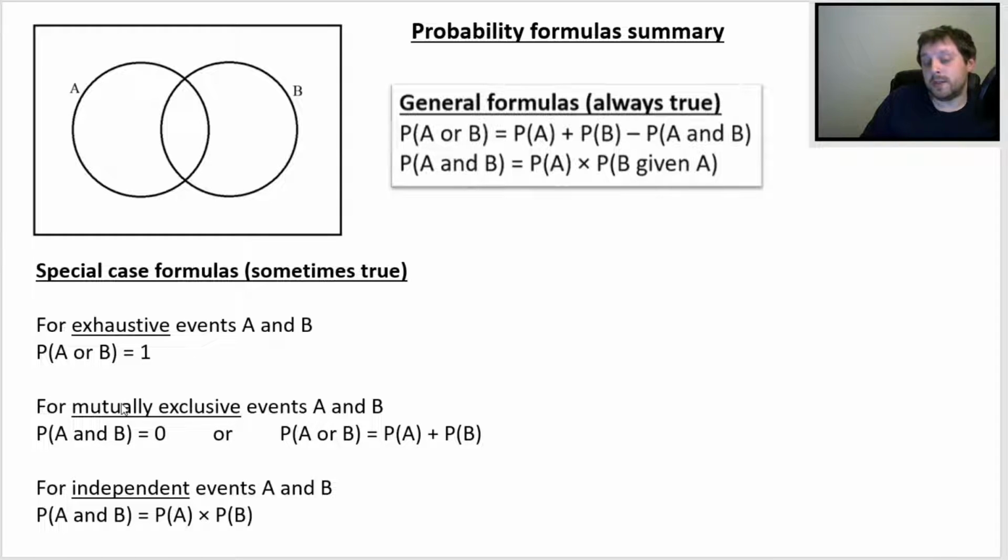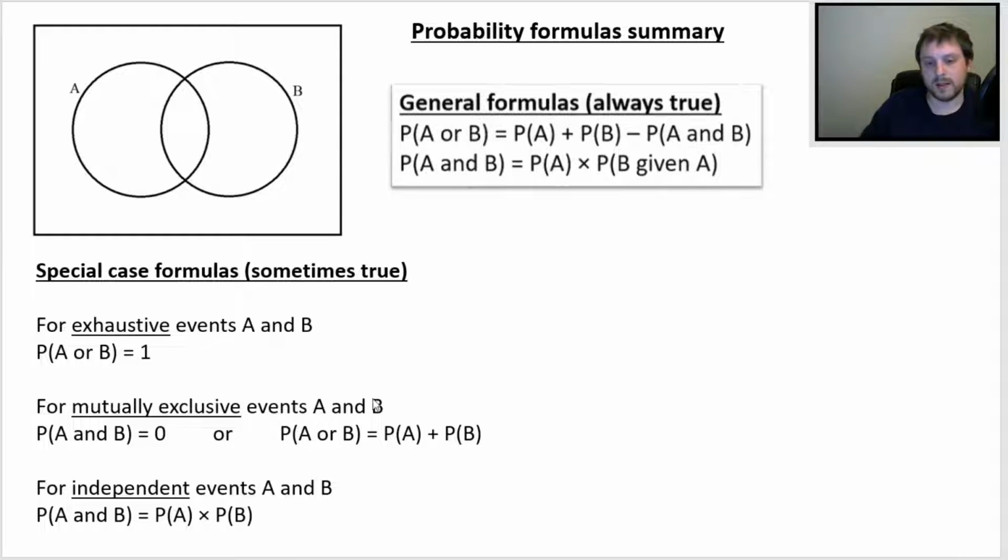Right, for mutually exclusive events, the AND formula becomes pretty easy. It's just 0. They just can't happen at the same time. It's impossible. It affects the OR formula because this part is 0, and so you're just adding up the individual probabilities. What this is telling you to do is add up the probabilities at the end going down a probability tree, because it's that or that or that, and they're all mutually exclusive because they're all different paths.